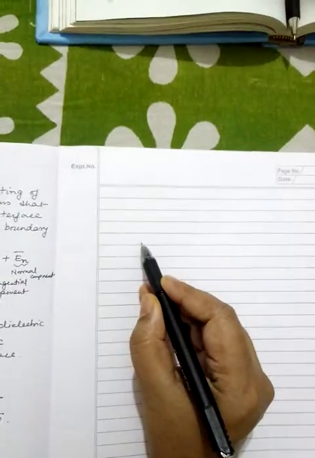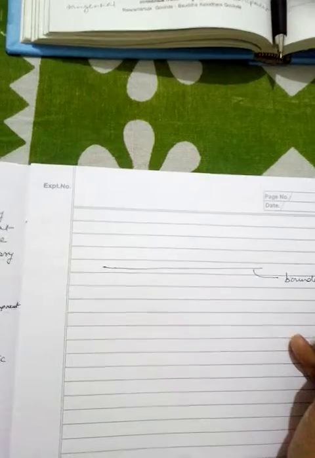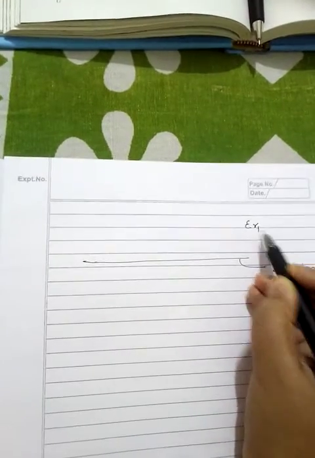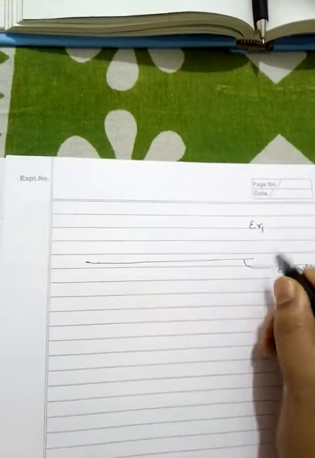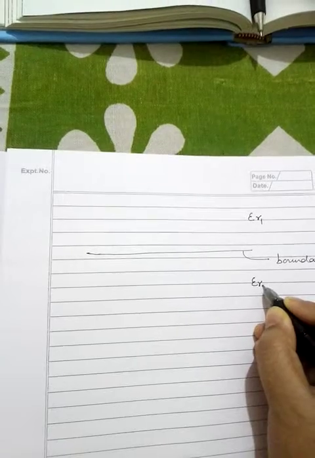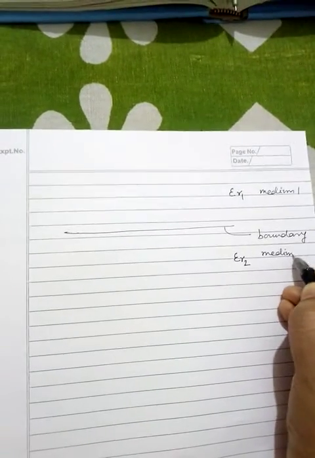For this let us consider that this is the boundary. Above the boundary there is a medium whose relative permittivity is ER1, and below it there is a medium whose relative permittivity is ER2. Let it be medium 1 and this is medium 2.